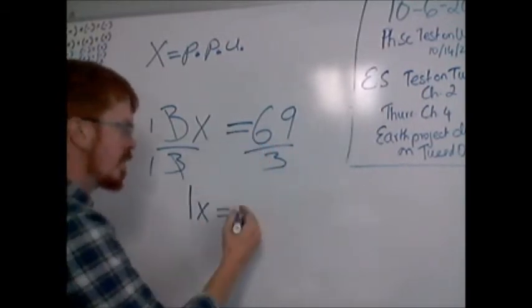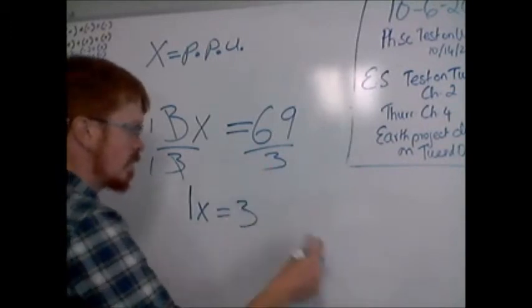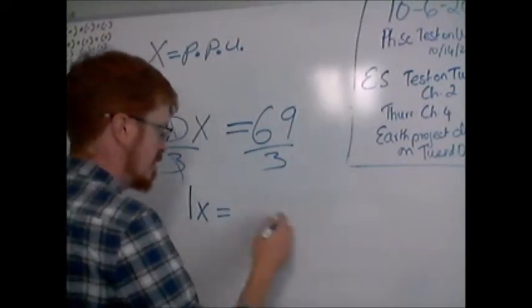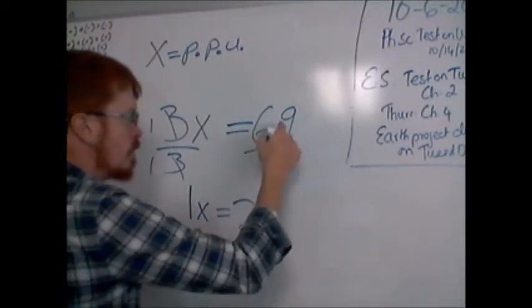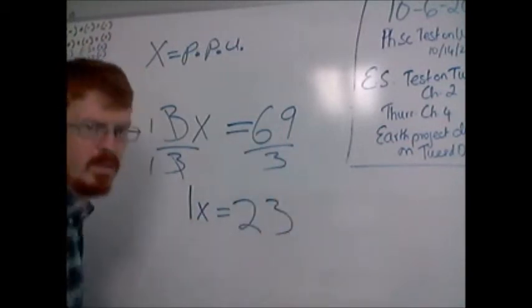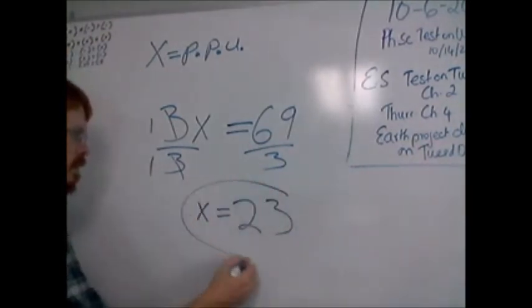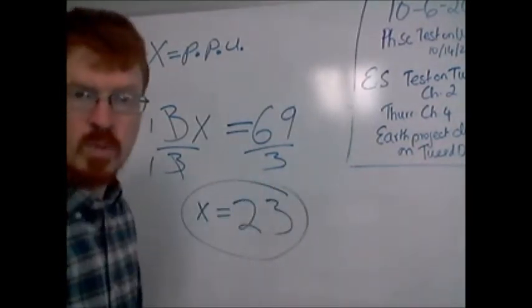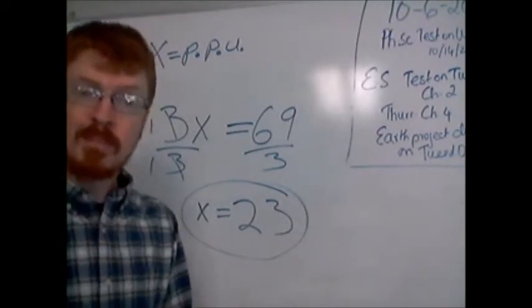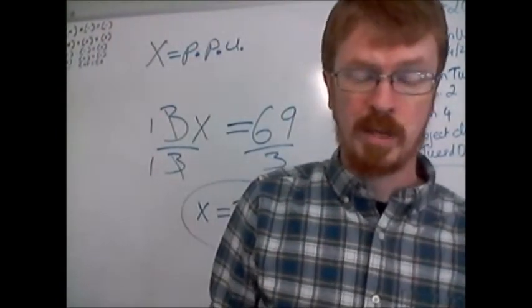Well, 3 will go into 6 twice, and 3 will go into 9 3 times. The unit price, x equals 23. This is very simple, very easy stuff that we're doing here.